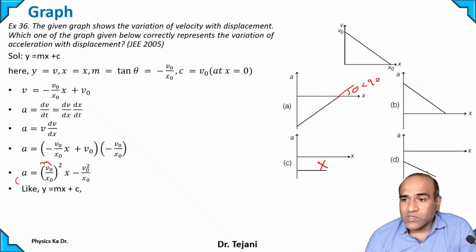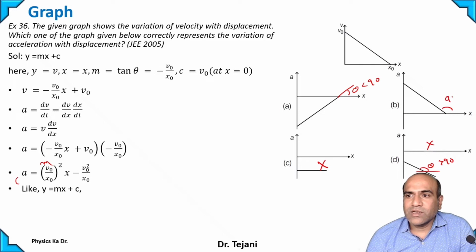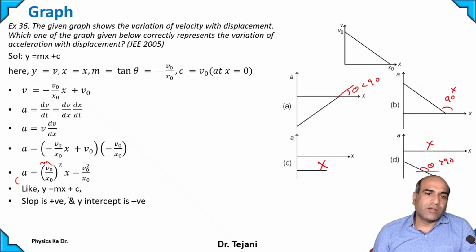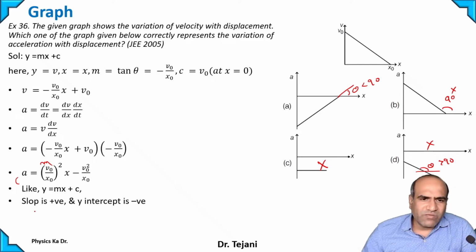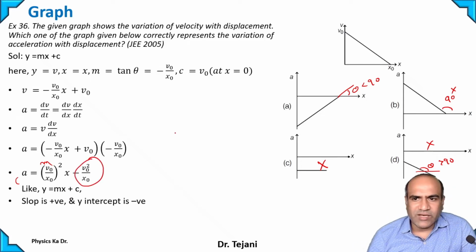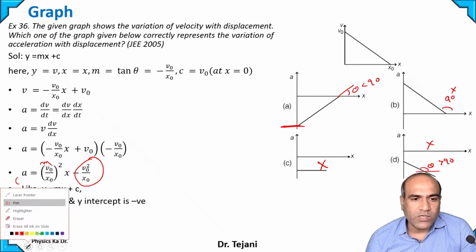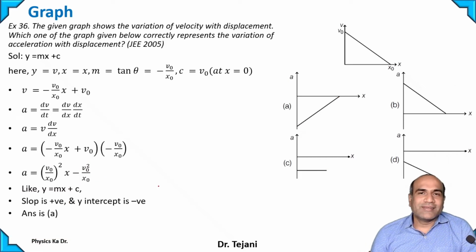Let's check this slope and this slope: theta is greater than 90, wrong. So only one option, option A, is correct. And you can also find the intercept is minus, so it is on the negative side. So answer A is correct. What a difficult question.